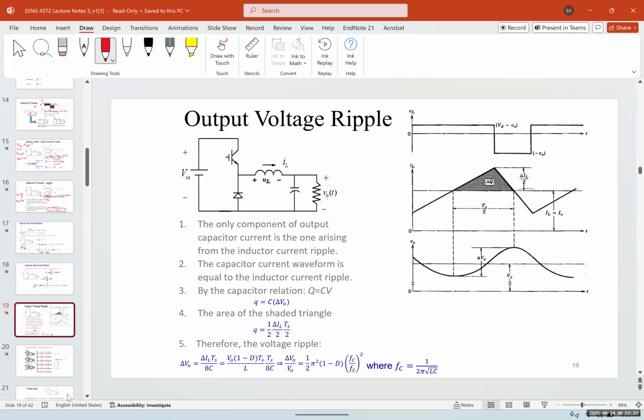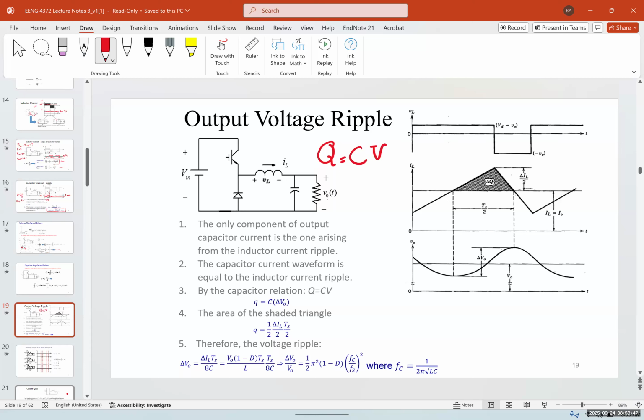And the same thing that we did for the current of the inductor, we can expand it for the voltage of the capacitor. To find the voltage of the capacitor and the average voltage of the capacitor, we need to find the average charge of the capacitor. And as you remember from the capacitor's equation, Q is equal to CV.